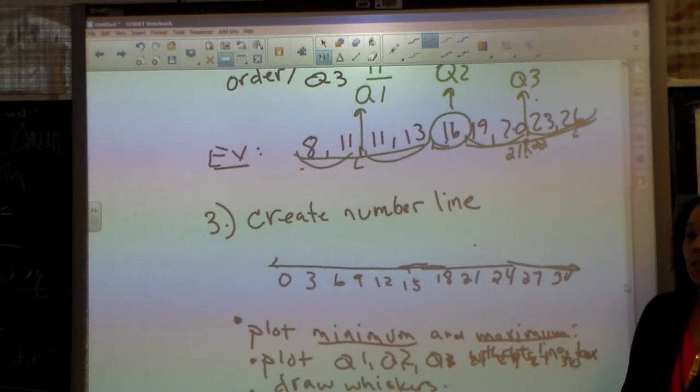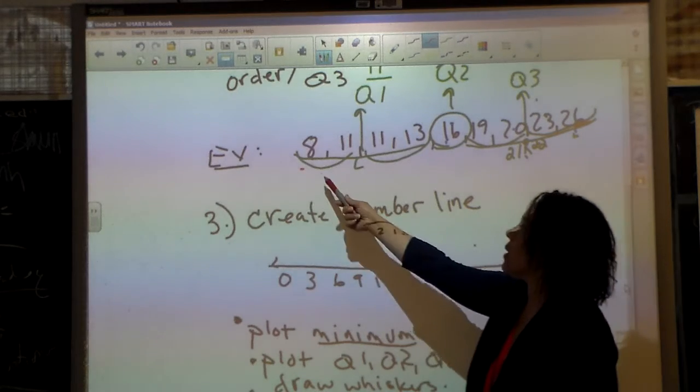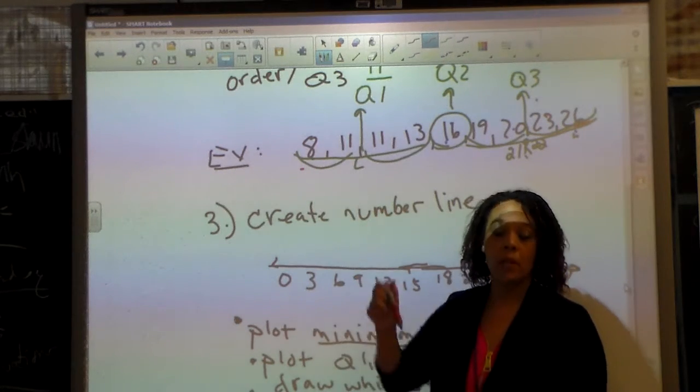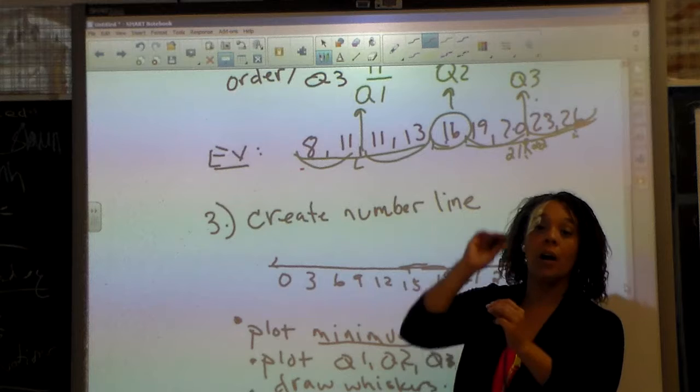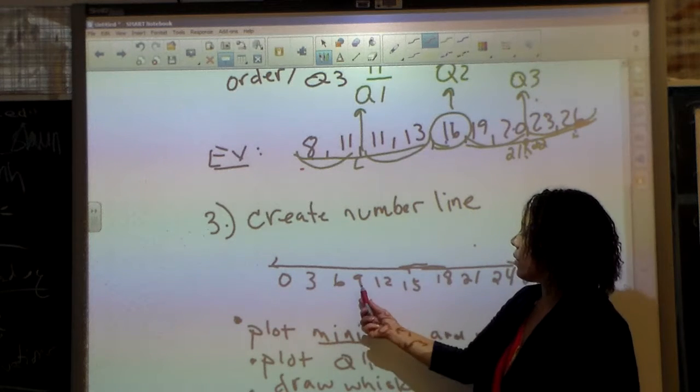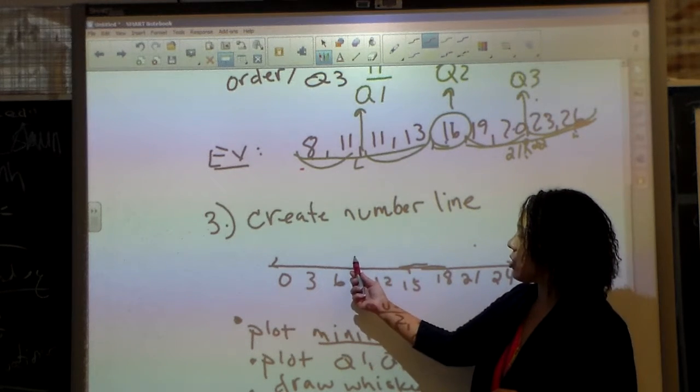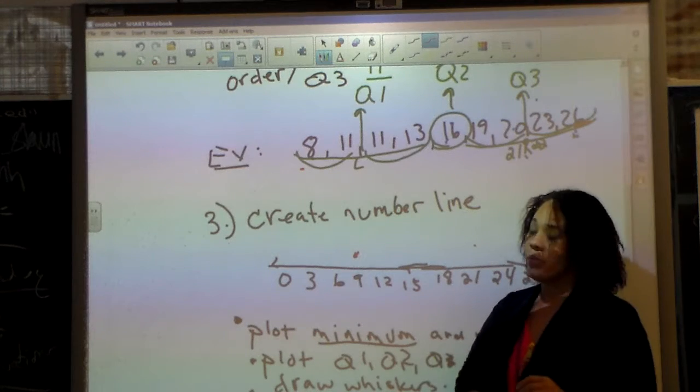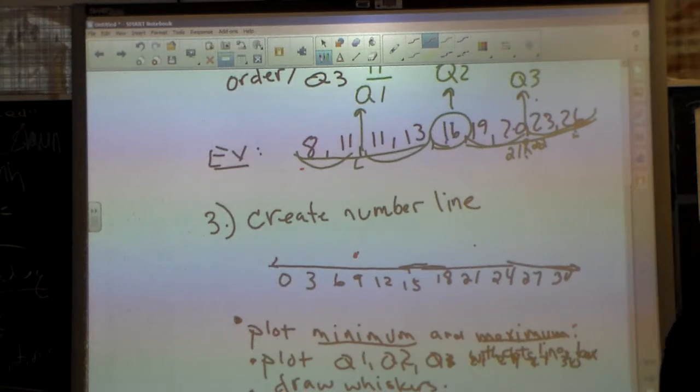That is literally just look, what was my smallest number? It was an 8. So I'm going to put a point floating above the line where 8 would be. So if 9 is right here, I'm going to go backwards just a tad bit and put a floating dot above where I think 8 would be. That's my minimum.